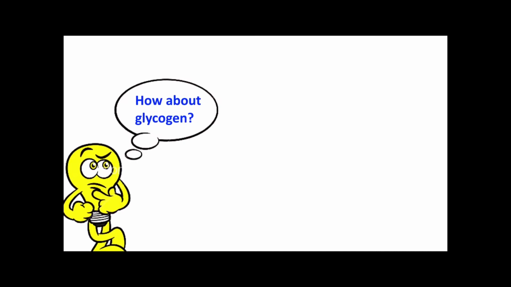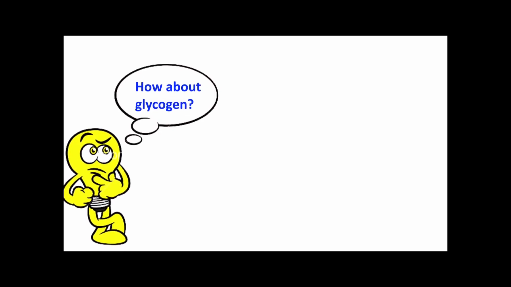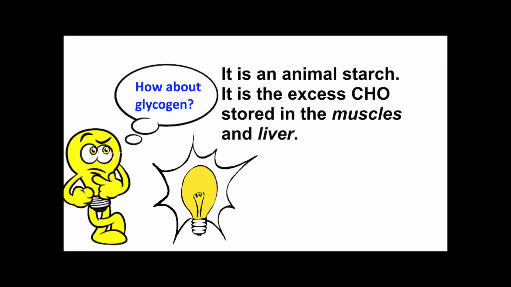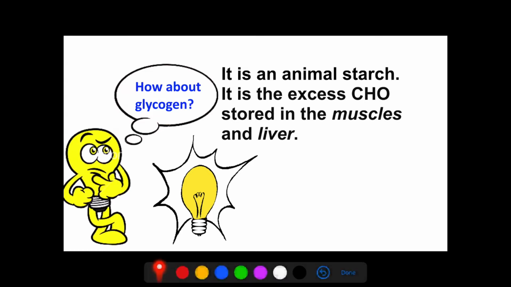So how about glycogen? As mentioned earlier, glycogen is a type of polysaccharide. It is an animal starch, and it is the excess carbohydrate stored in the liver and in the muscles.